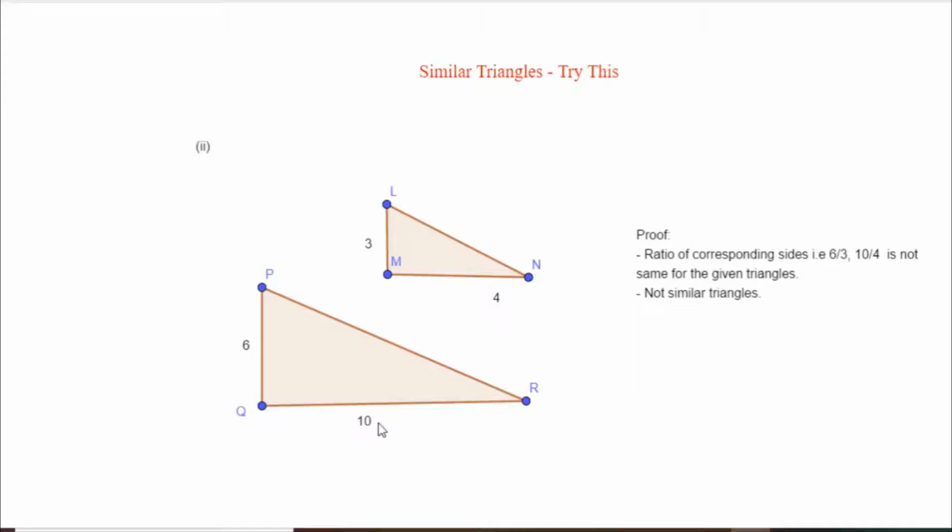So the value is 2.5. So earlier ratio of PQ and LM was 2, whereas ratio of QR and MN is 2.5. So the ratios are not same for the respective sides in both the triangles. Hence, these two triangles cannot be similar.